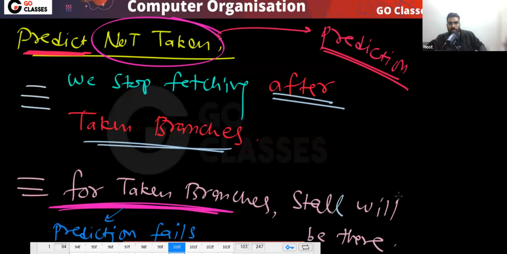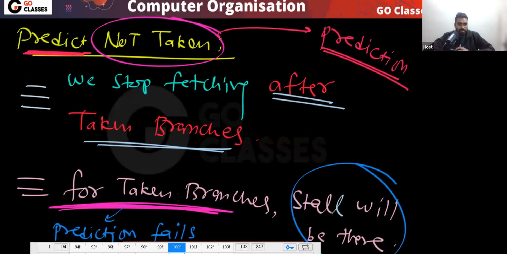Understood? If you have taken branches, it means your prediction is failing. Then bubbles will be there, then you will have to flush. So for taken branches, you will have the stalls.